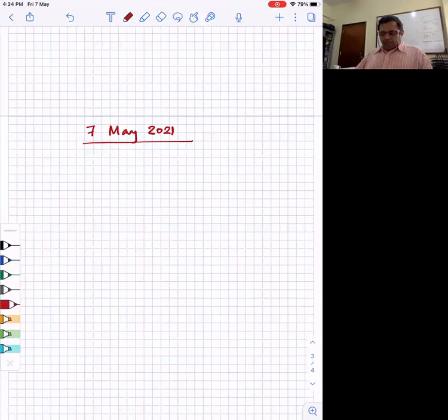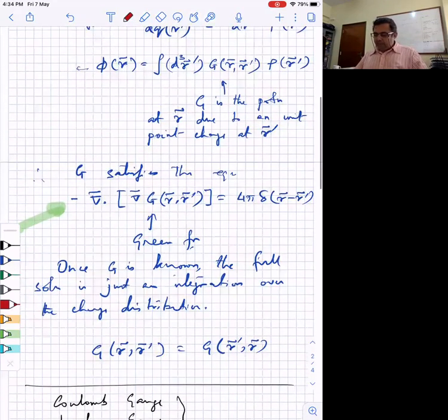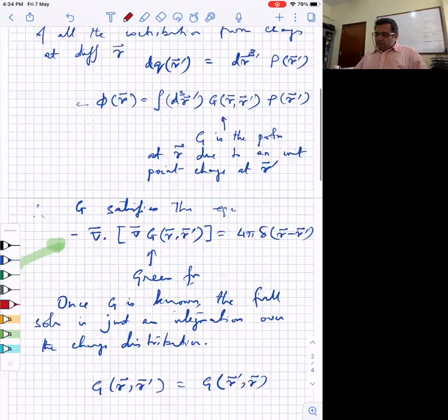But there are of course some basic things that need to be done, and for that, last day we started with a small 5-minute recap of Green's function. We showed that the Green's function is basically the solution for a point charge.